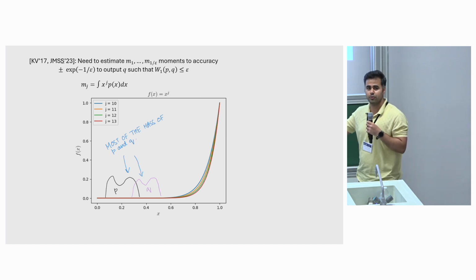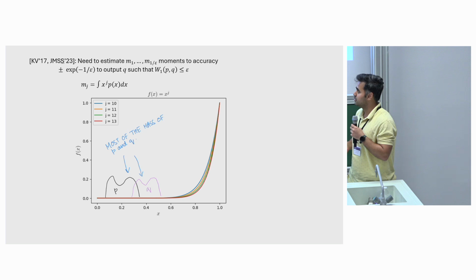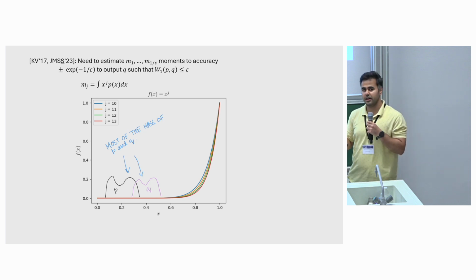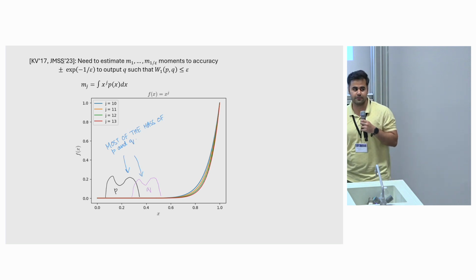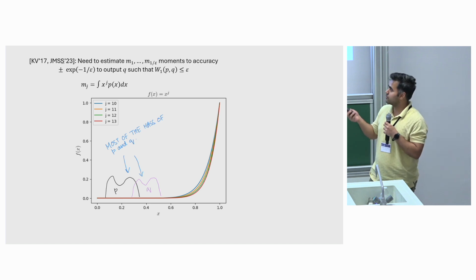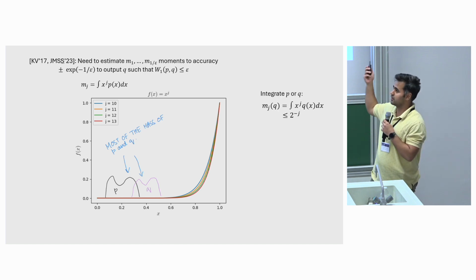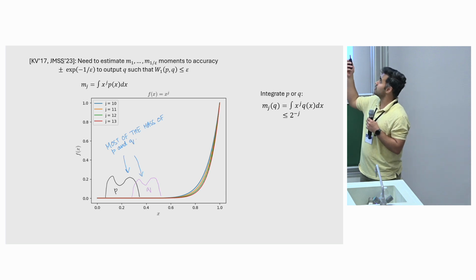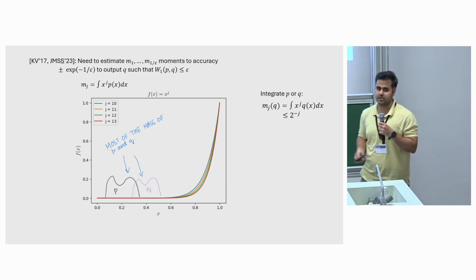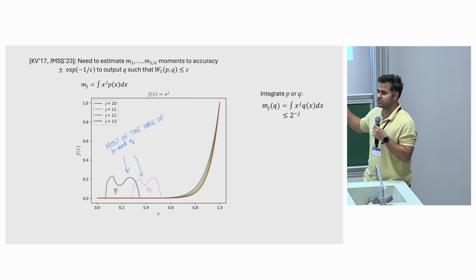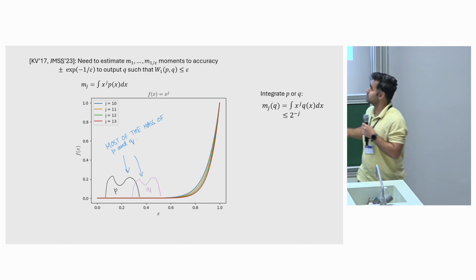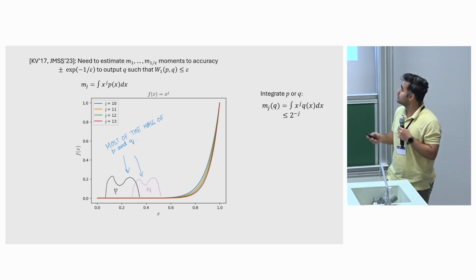Imagine two probability distributions P and Q, most of whose mass lies between 0 and half. Now let's compute the jth moment of P or Q. I've written the jth moment of Q. You see that it is already less than 2 to the power minus j. So to be able to distinguish them, you'd need to estimate them to accuracy exponentially high in epsilon.